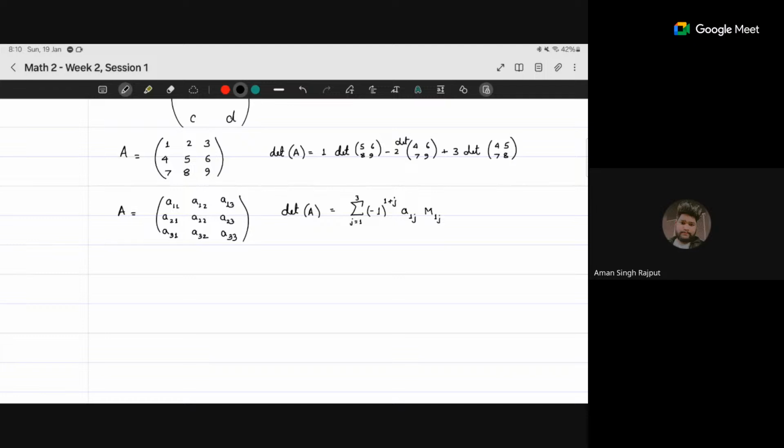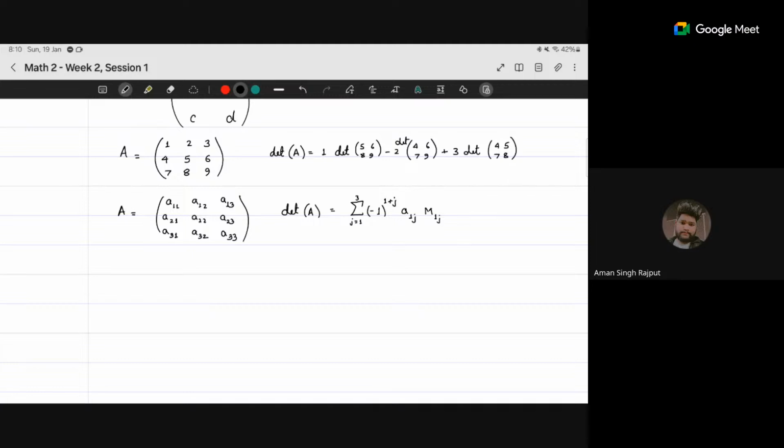So there's an alternating sign as well. But over here, this expression for the determinant involves taking the determinant along the first row. There's nothing special about the first row. We could fix any row and take this.